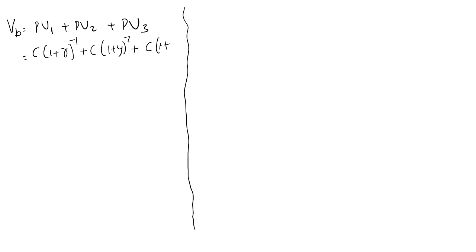Sorry, this should be (1 plus yield) to the power of minus 3, with par times (1 plus yield) to the power of minus 3, correct?